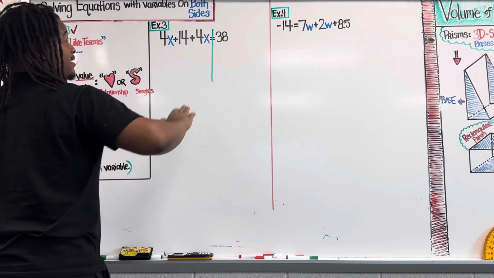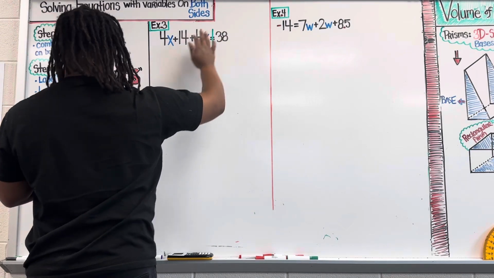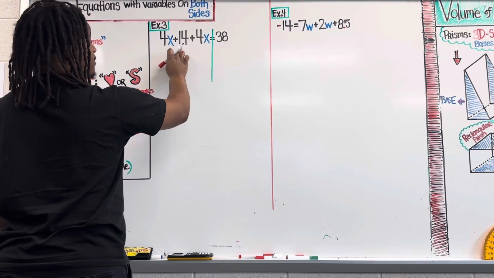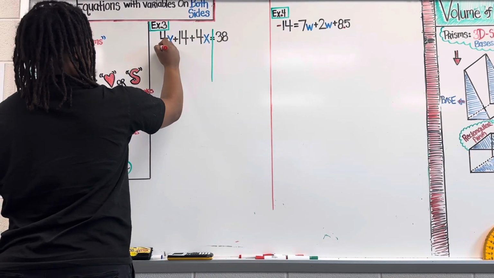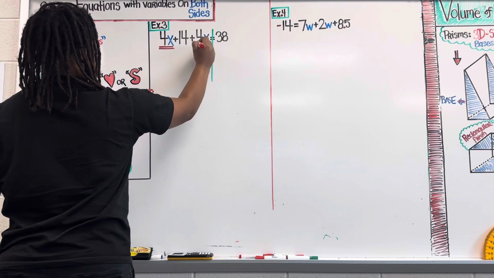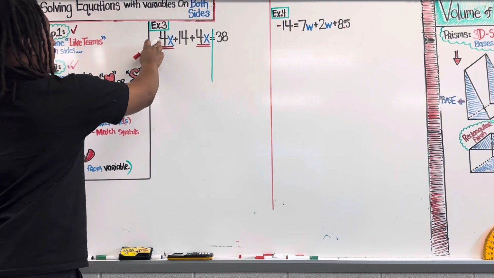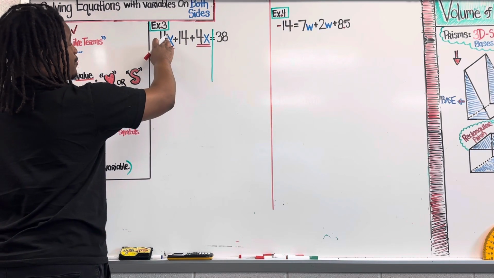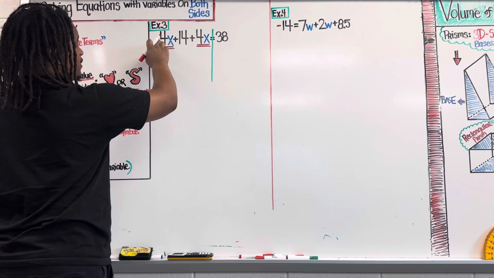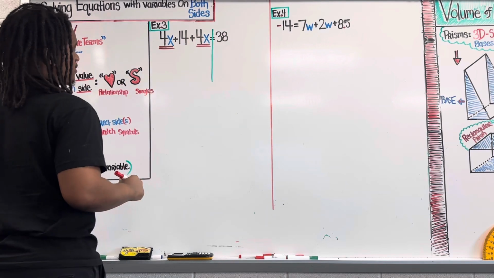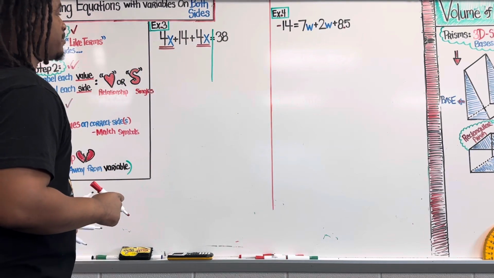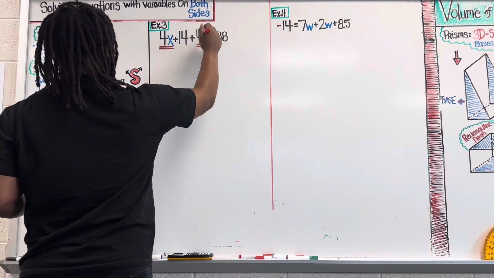So I'm going to check the left side. I don't have any number to combine with 14, but I can combine 4x with 4x because they are like terms. It's a coefficient in a relationship or an operation with a variable, which is 4 and x in both cases. So 4x plus 4x equals 8x.